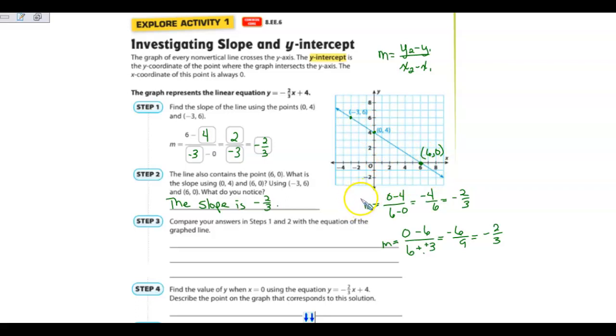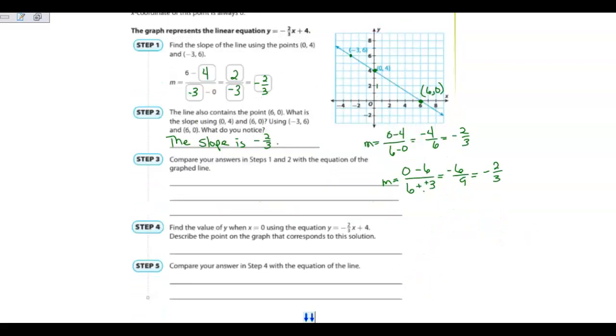All right, if x is 0, y is going to be where the line crosses the y-axis. So in this case, it's going to be (0, 4). If I wanted to figure out what the y-intercept is, I could also substitute into y equals -2/3 x plus 4 and replace that x with 0.